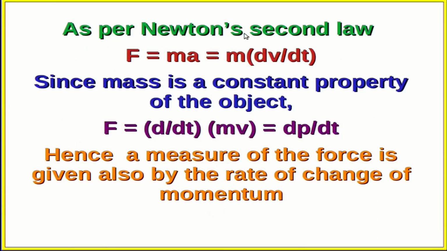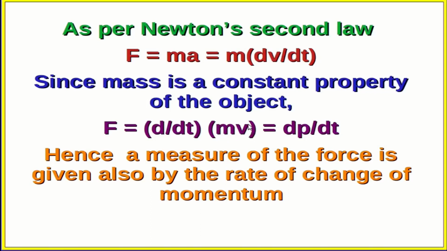Now as per Newton's second law, F is equal to m into a, but what is a in terms of the velocity? Acceleration is nothing but the rate of change of velocity. So a is equal to dv by dt. So force is equal to m into dv by dt. Now mass typically is a constant property of the object. So one can treat m as a constant here, and that can be taken inside along with velocity.